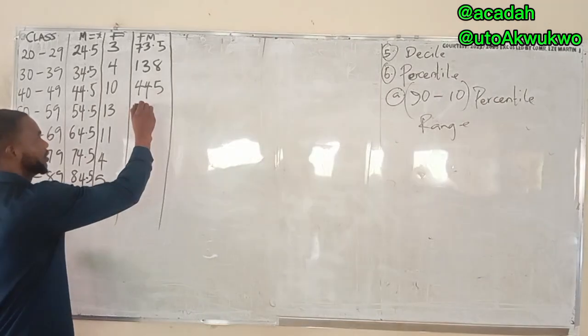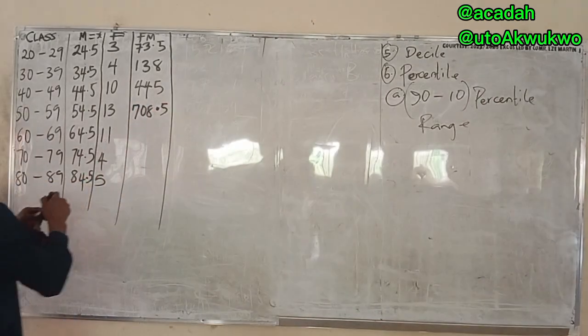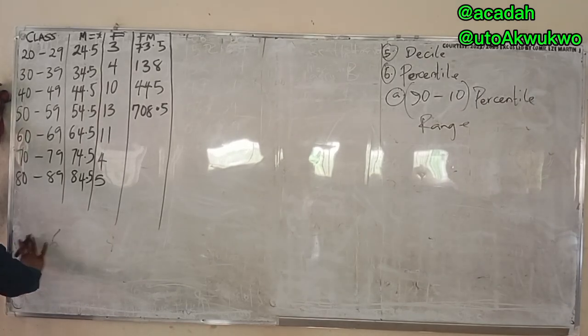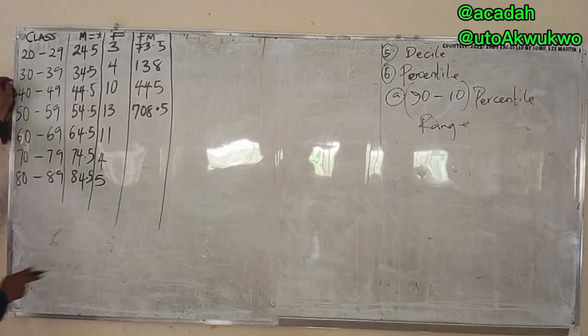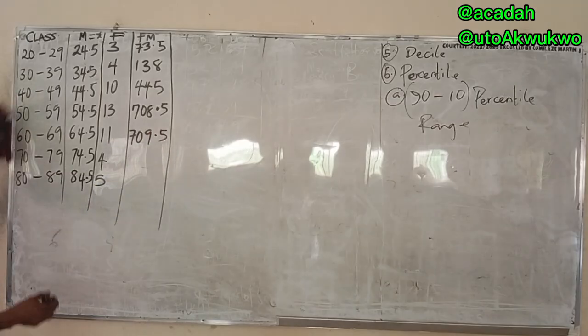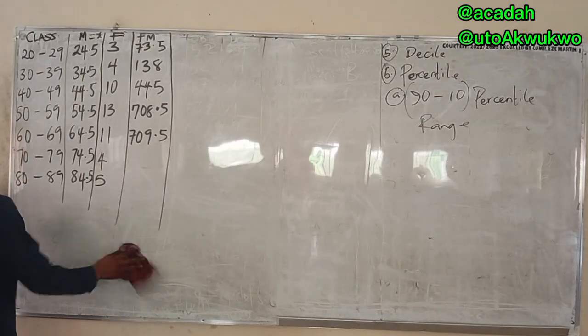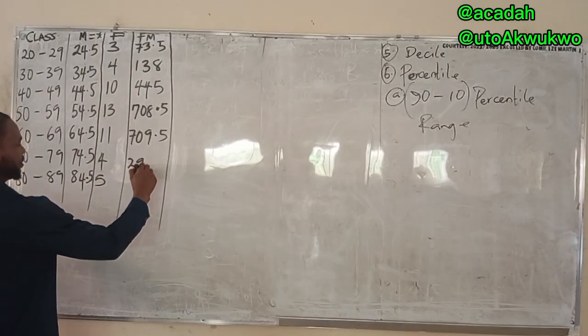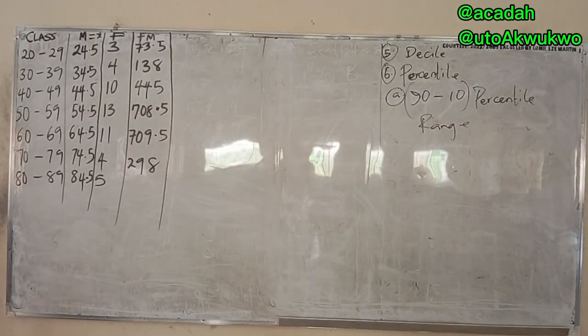Times 11. 709. Okay, don't do it like this. You are 74.5 times 4. 84.5 times 5.